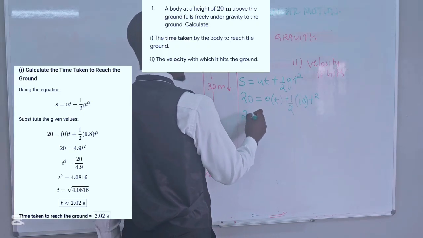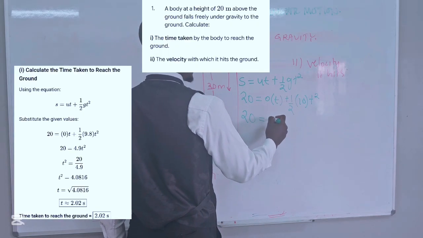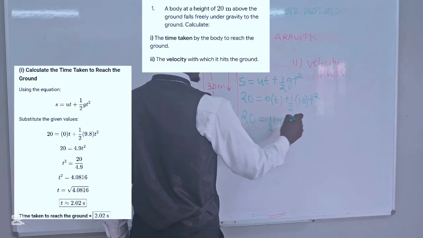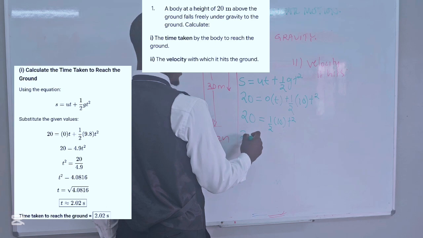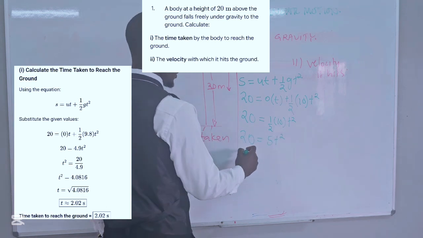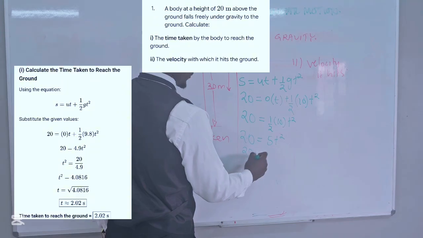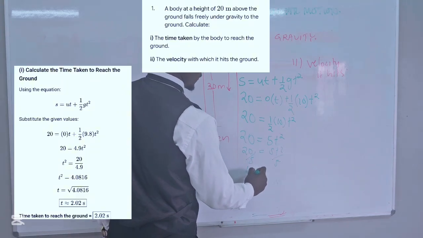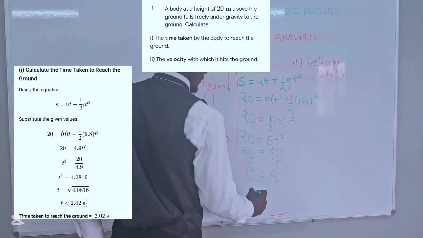This is 20 is equal to a half times 10 times t squared. This is 20 is equal to 5t squared. So we are going to divide both sides by 5.